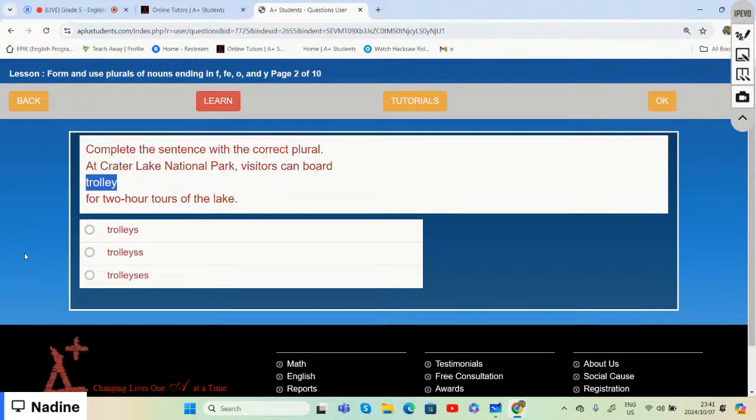Which one is correct? Option one, two, or three?